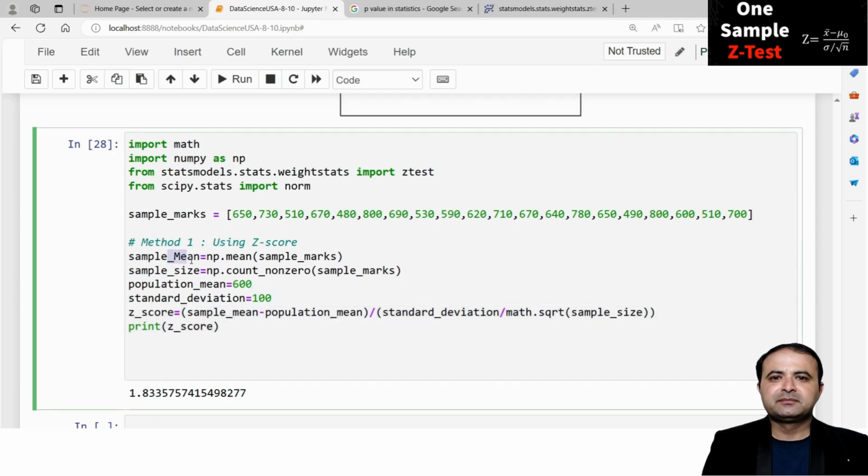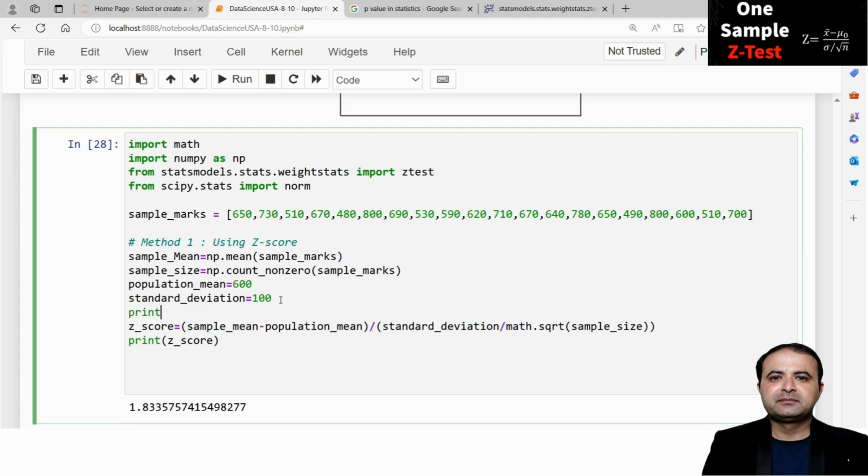We already know the sample mean, sample size, population mean, and I also want to check the sample mean. You can see the sample mean is 641 and population mean is 600.